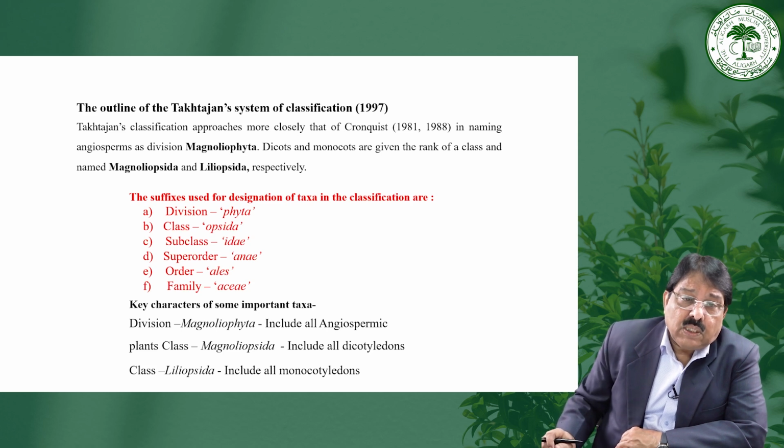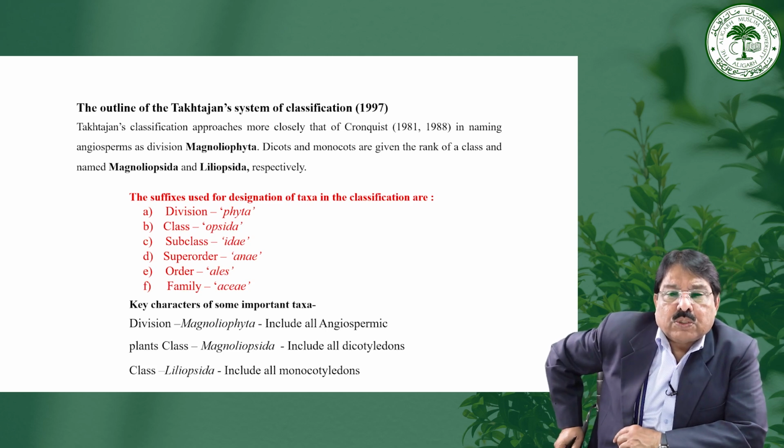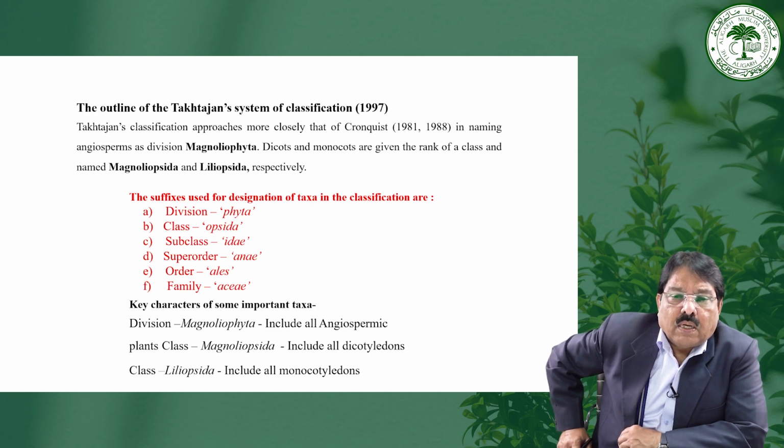Then we talk about the outline of the Takhtajan system of classification, which appeared in 1997. It is the most recent system. He made approaches to Cronquist in 1981 and 1988, and added some modifications. So the Takhtajan system approaches more closely that of Cronquist. Cronquist also considered the division phyta.